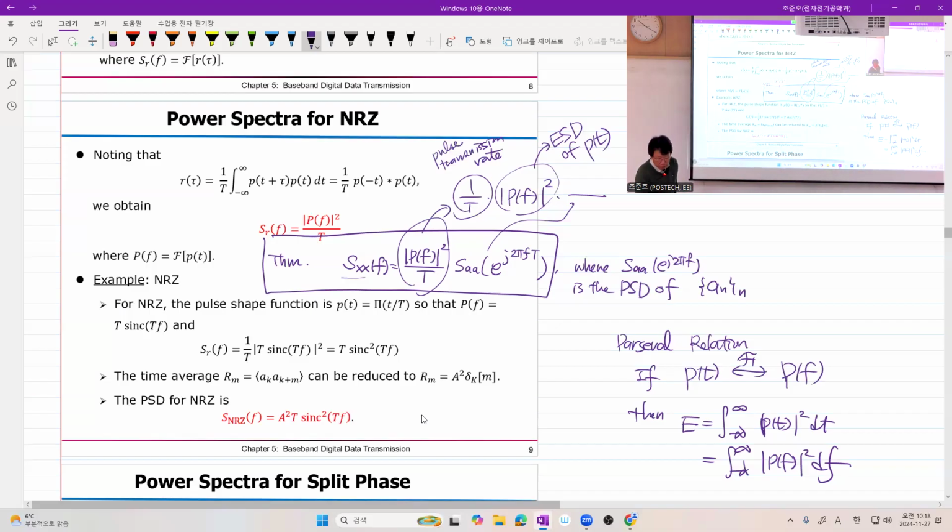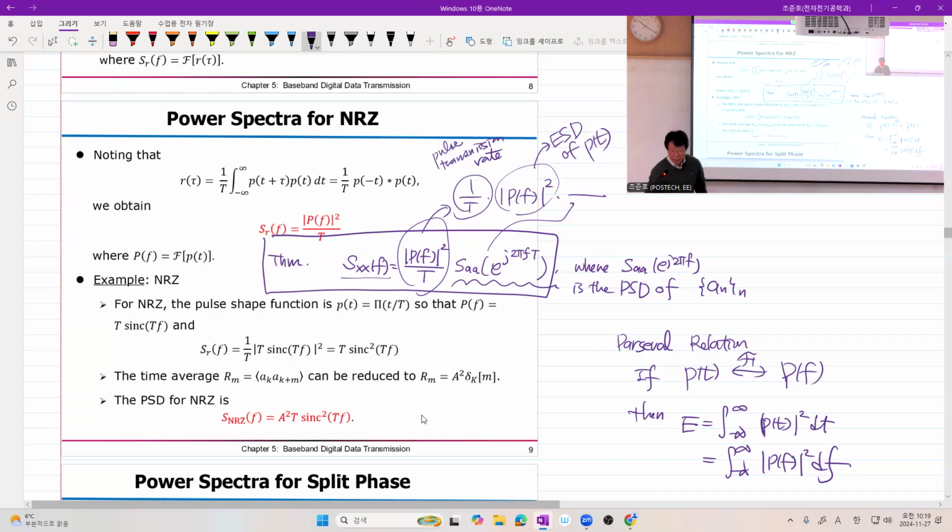Similarly, this is power spectral density, because if it is integrated, then it provides you power. And it's a function of frequency. So it's called power spectral density. And what is the third factor? It is the characteristic of the A sub n sequence.